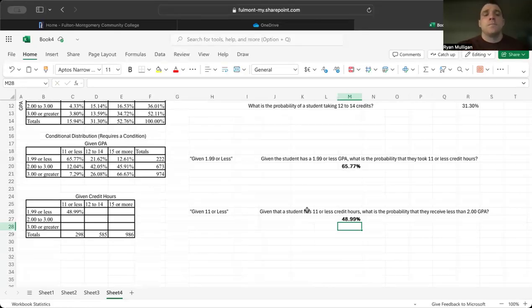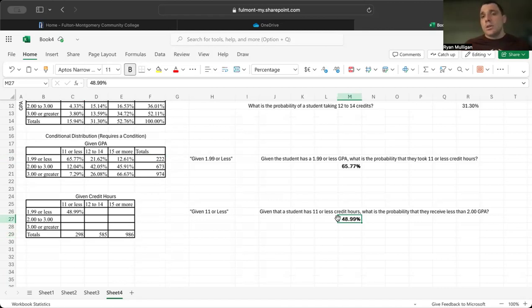In this case, there were 222 students that got a 1.99 GPA or less, whereas when I look at this one, there were 298 that took 11 or less credit hours. That larger group to take it out of is going to drop the percentage points because the overall group that you're dividing by is larger.